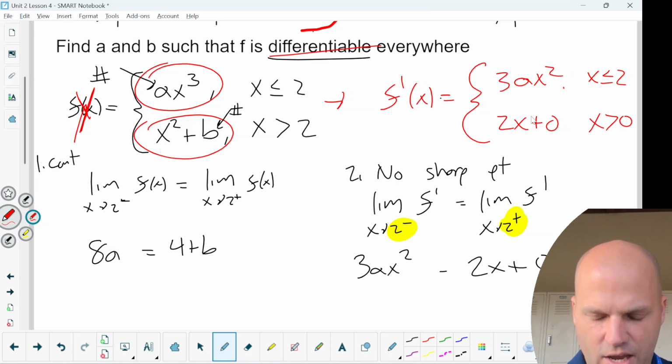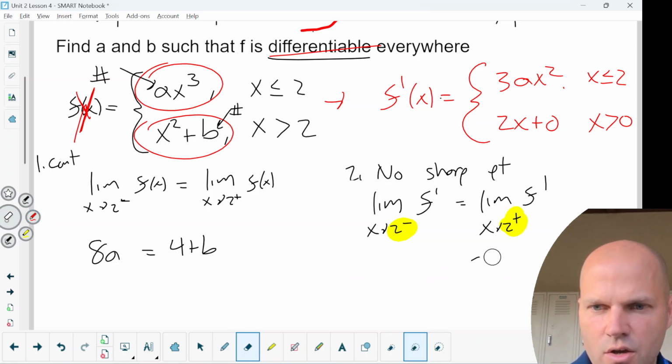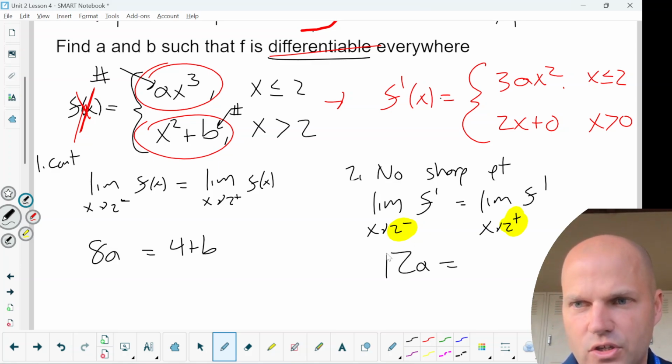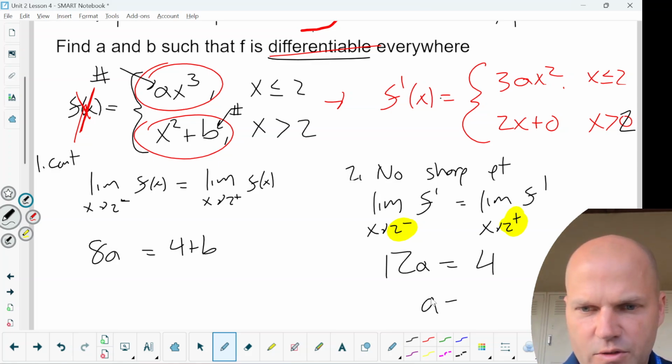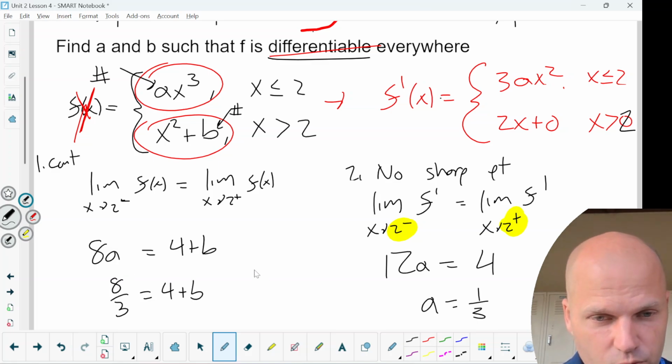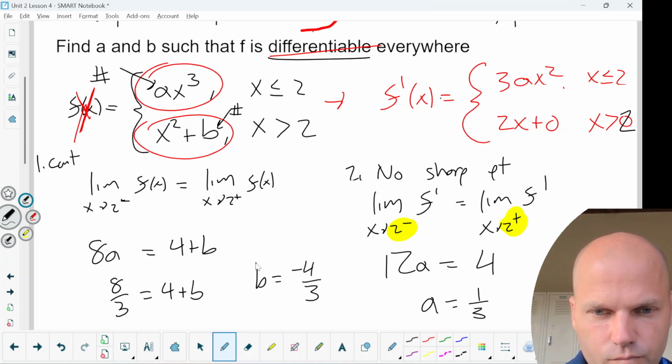Cool. Now that we have this, maybe it's easier to say the slope from the left is 12a. The slope from the right is 4. That gives me a is a third. If a is a third, b is 8 thirds minus 12 thirds, which is negative 4 thirds.